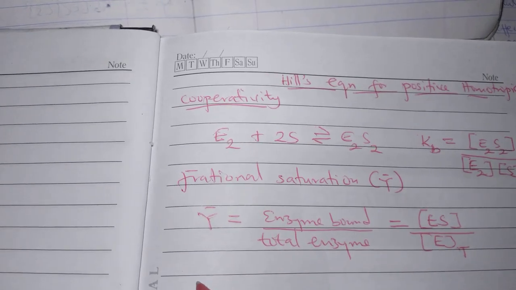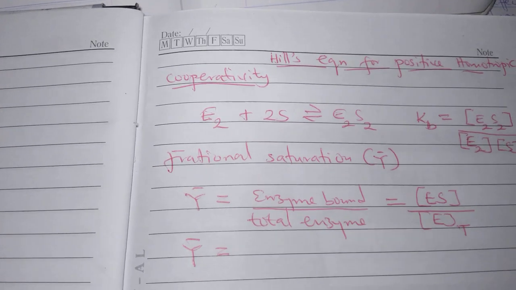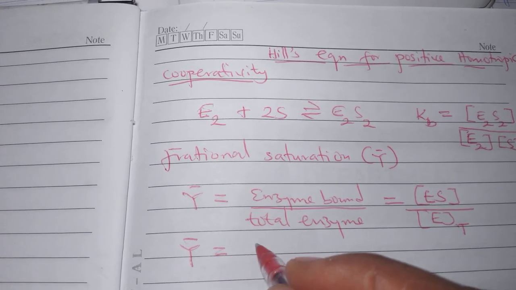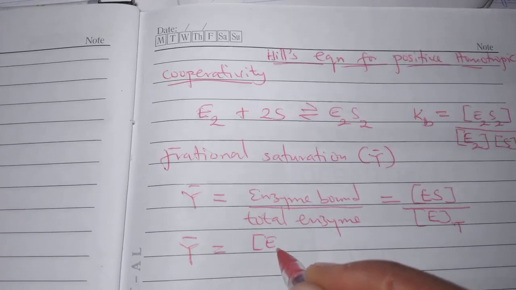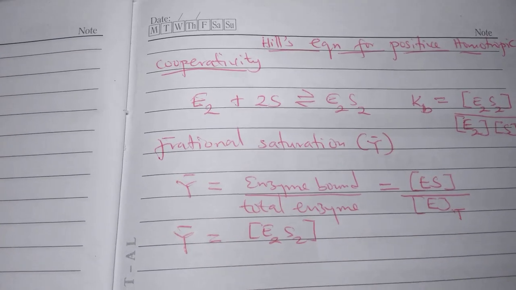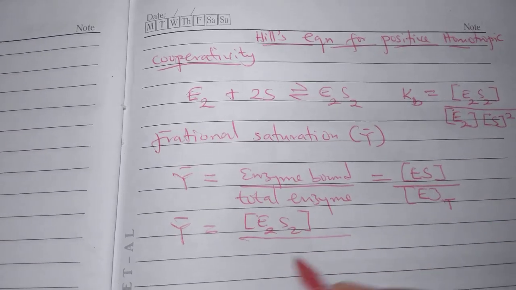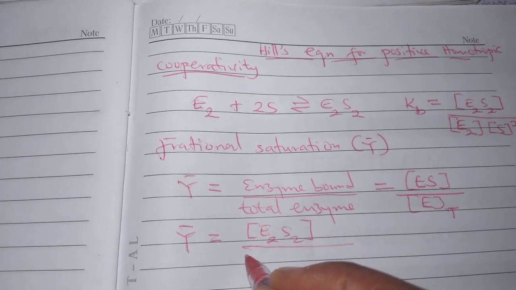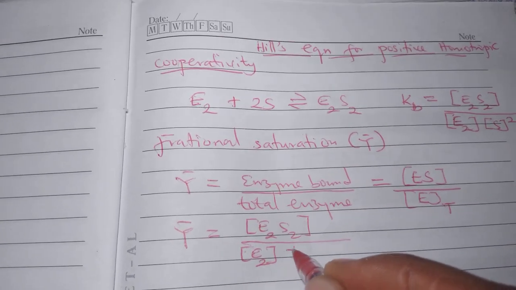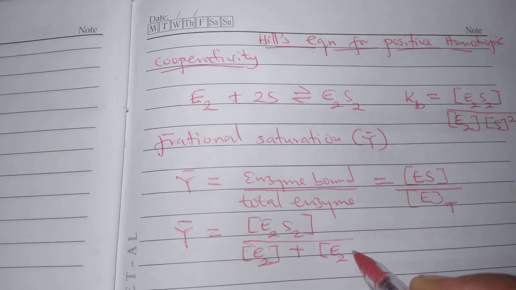The next thing, fractional saturation. This fractional saturation can be given as the enzyme bound, which is obviously E2S2, all over total enzyme, which is free enzyme, that is E2, plus enzyme that is bound, that is E2S2.